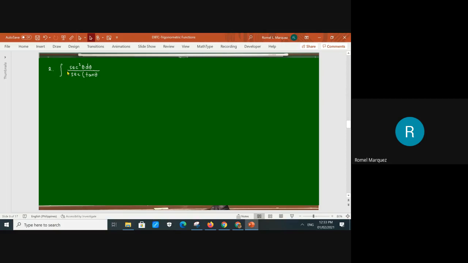So what if you have this, no? There are a lot of trigonometric functions. We have secant, we have tangent, and another secant on top. But you have to see how they are related to each other. Okay, guys? What do you think is the first step to do?